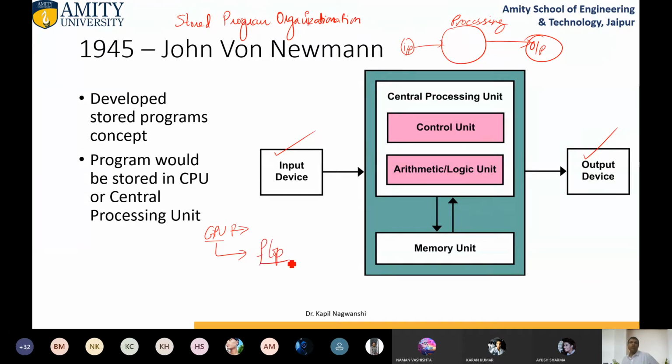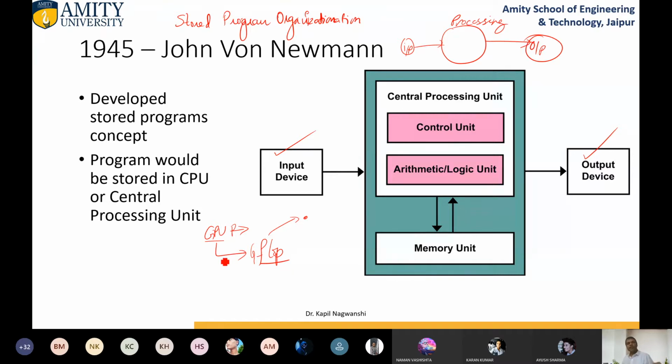Okay, what are flops? Flops are floating point operations per second, and floating point is a special kind of operation which includes a decimal point. That's why it has a special meaning, and we need to solve it by using a special kind of arithmetic. So that's why the GPU is there, and nowadays GPU is measured in terms of gigaflops. The more gigaflops, the faster the GPU is.